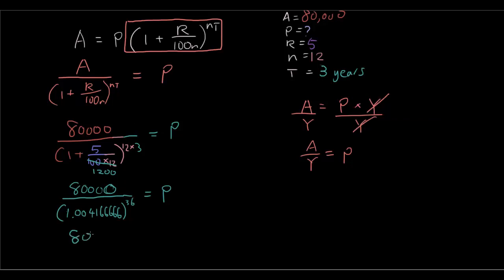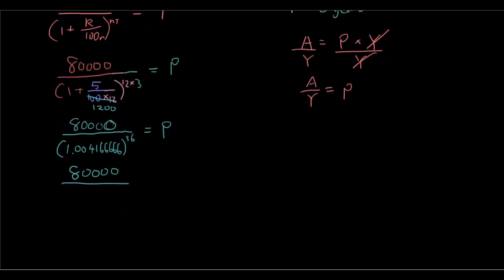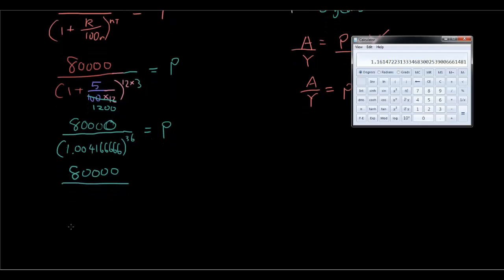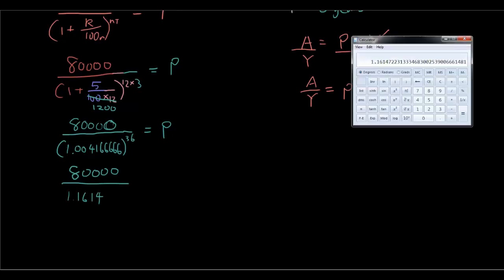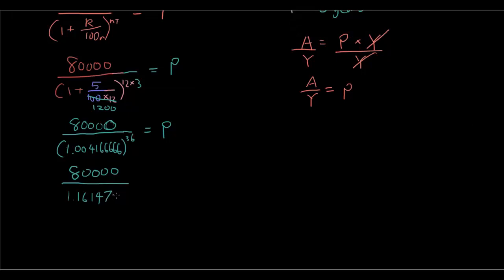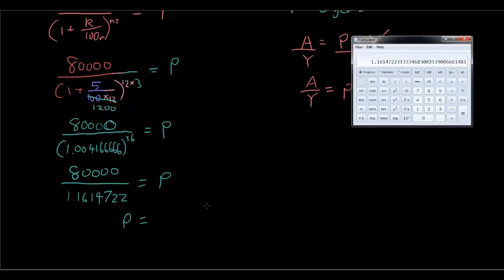So it's 80,000 divided by 1.1614722 equals P. So therefore P equals, and just type that last little bit in the calculator, 80,000 divided by 1.16147222, and it's 68878.10.